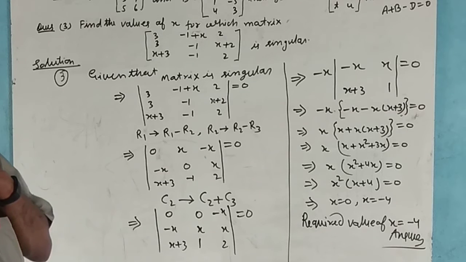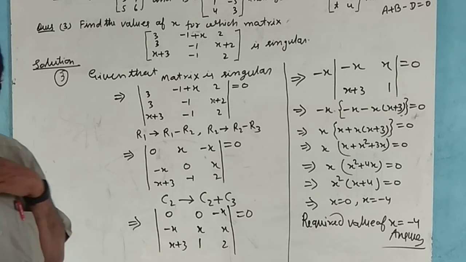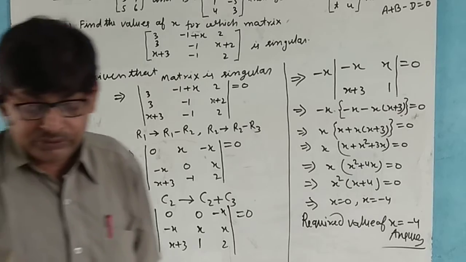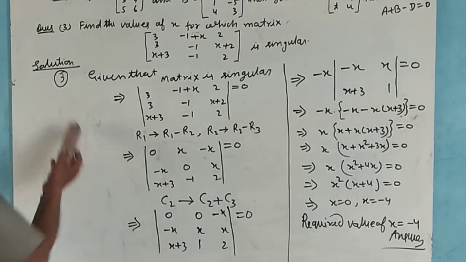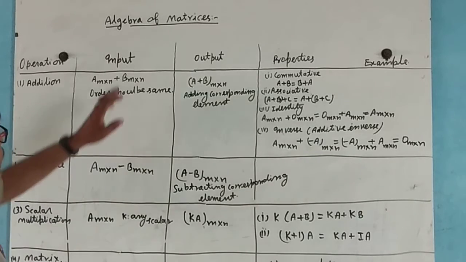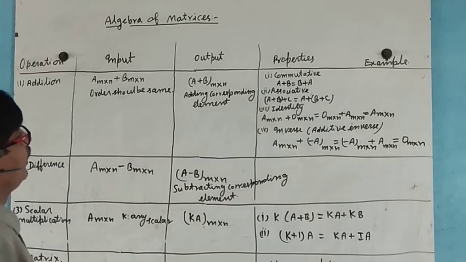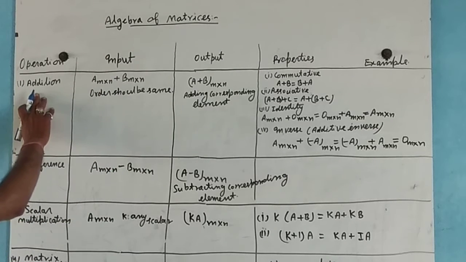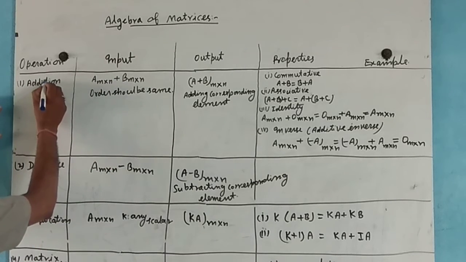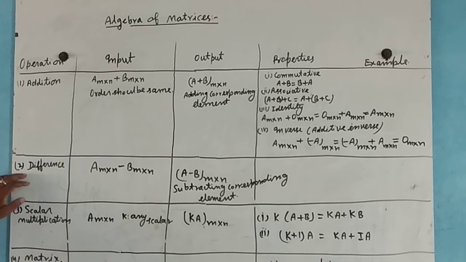This is our answer. Now we study the algebra of matrices. Here the operations are addition, difference, subtraction, scalar multiplication and matrix multiplication.